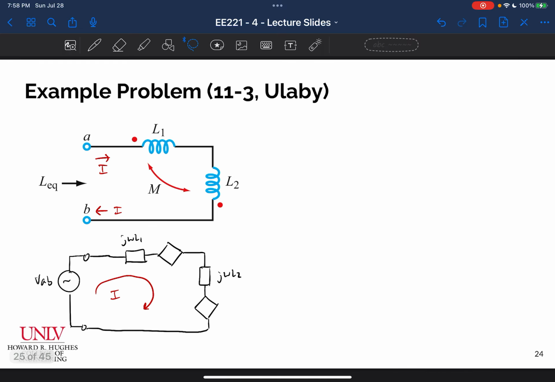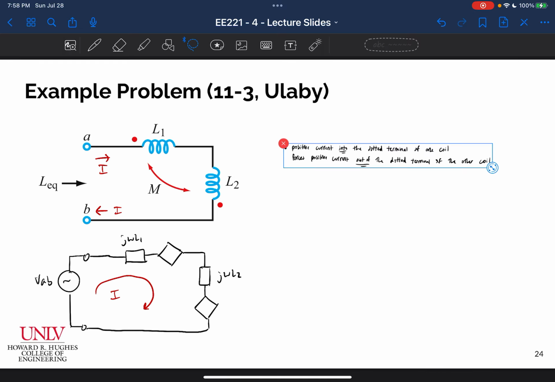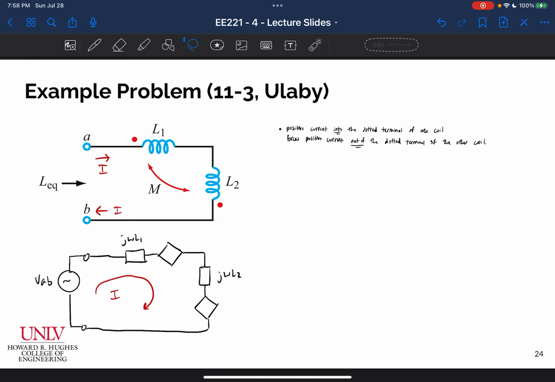So I'll just paste this right here. Positive current into the dotted terminal of one coil forces positive current out of the dotted terminal of the other coil. Okay, so we have a positive current I flowing into the dotted terminal of L1. That's going to force a positive current out of the dotted terminal of L2. So it's going to force a current to flow in this direction in the circuit.